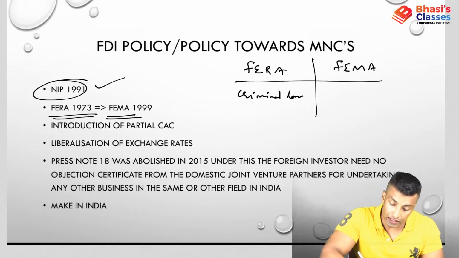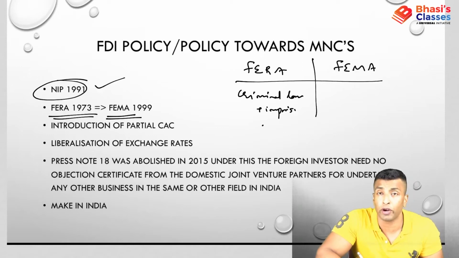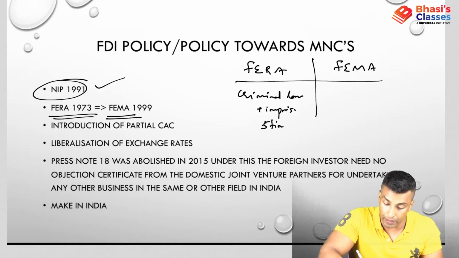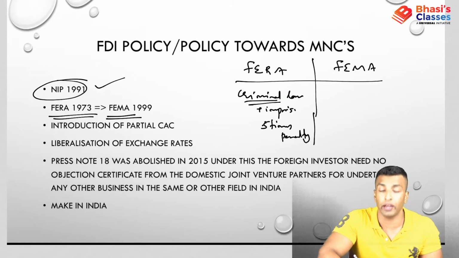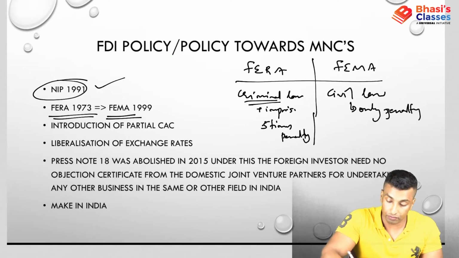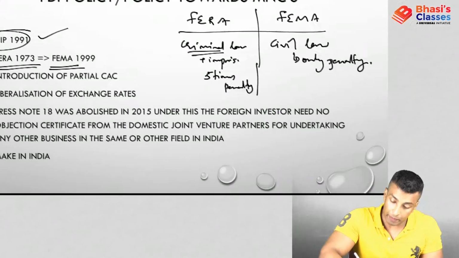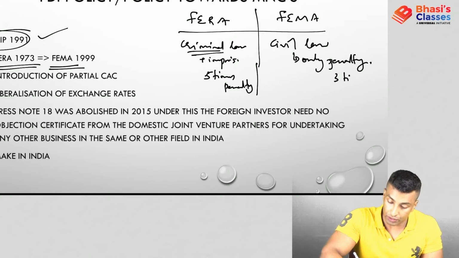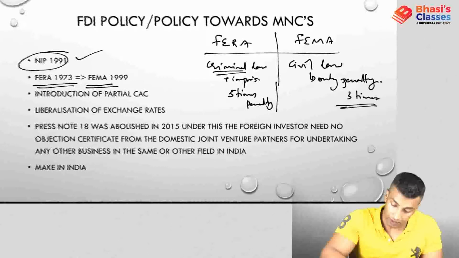It involves imprisonment also if you violate, and then monetary penalty of 5 times along with imprisonment. So it was actually a criminal law. In FEMA it became civil law. So you have only monetary penalty, up to 3 times. So there was some liberalization you can see here.